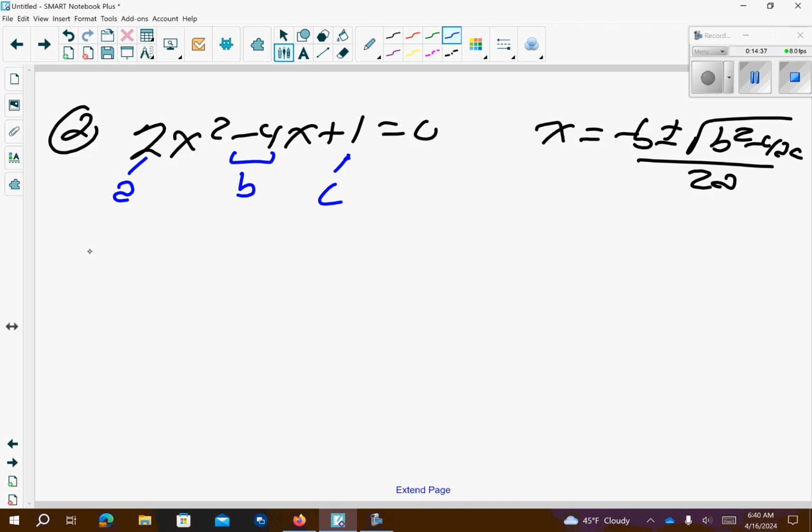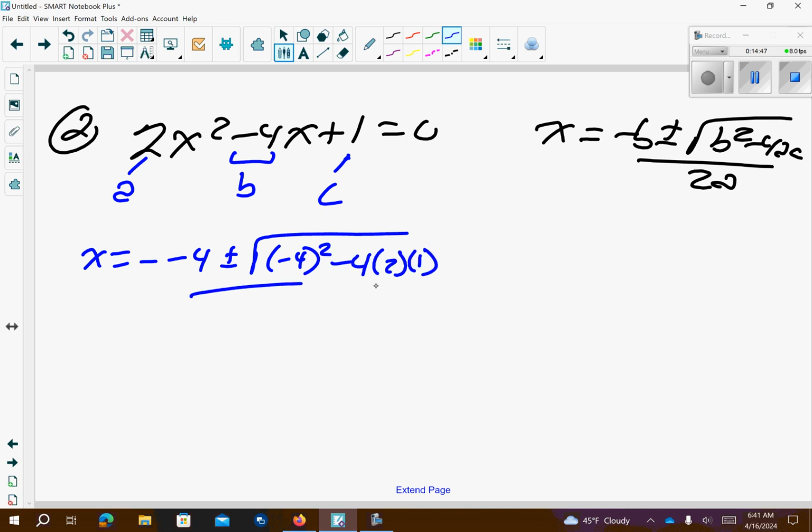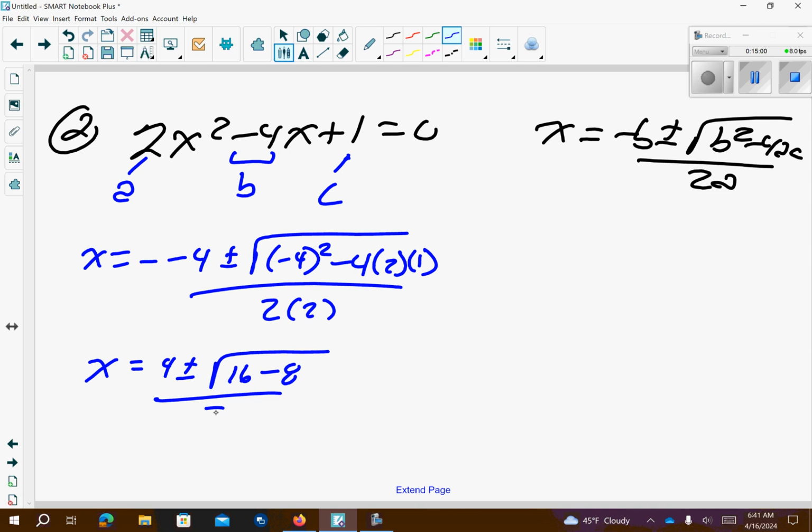So you get x equals negative b plus or minus square root, whatever the b is, squared minus 4ac, all divided by 2a. Negative 4 is 4 plus or minus negative 4 squared is 16. Negative 4 times 2 is negative 8, times 1 is negative 8, over 4.